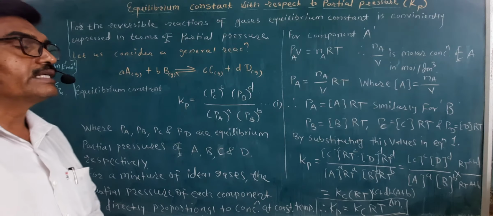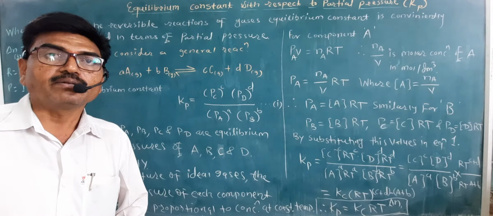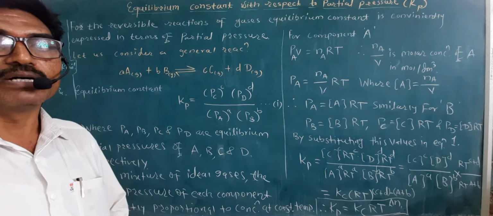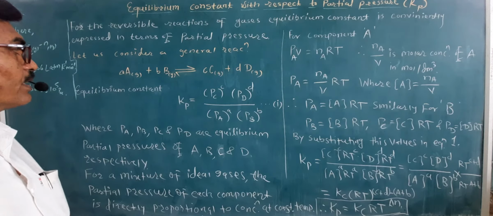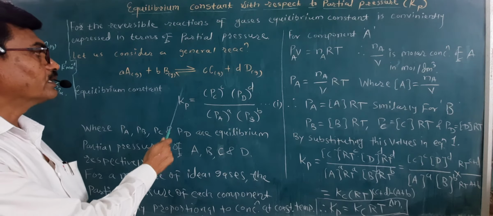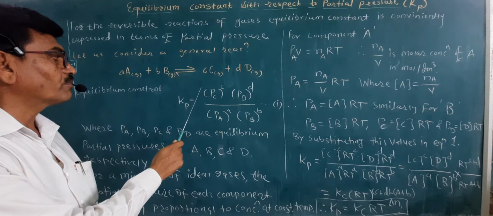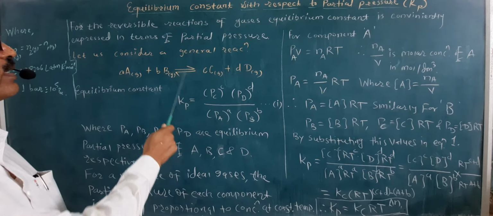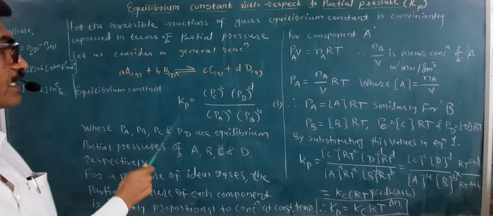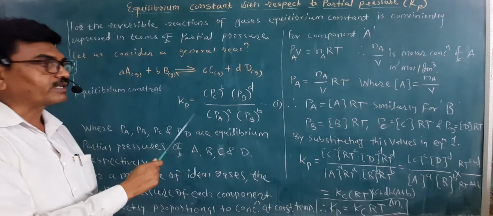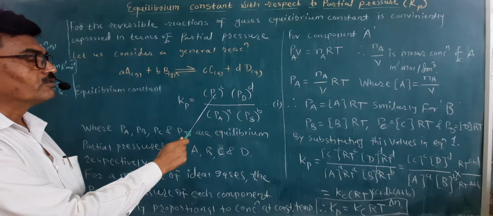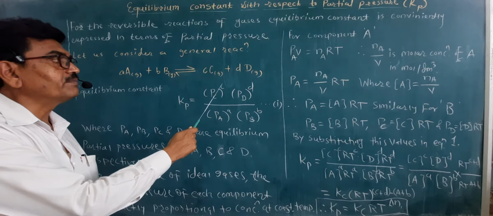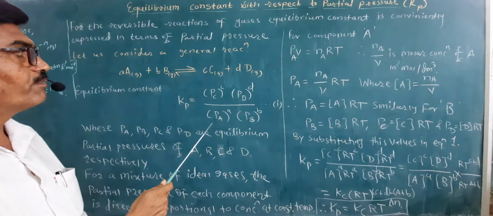In case of gases the partial pressures are given, and that's why it is suitable to write the equilibrium constant of gaseous reactions instead of Kc in terms of partial pressures, that is Kp. See here, Kp again we can write in the similar manner by applying the law of mass action.